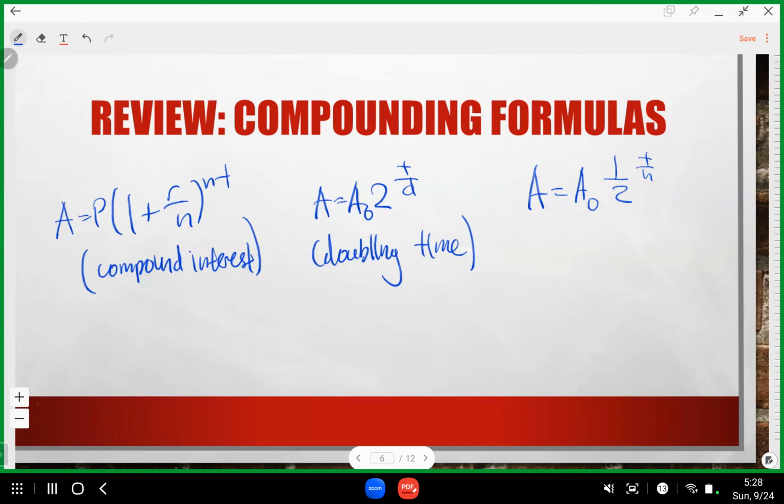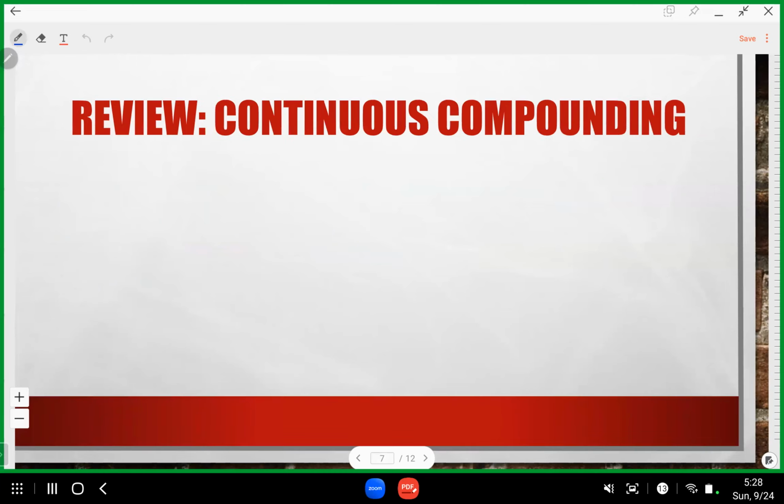So that's how many half-lives you're going to experience over this period of time. That's the exponent of 1/2. So it makes a lot of sense. Also for doubling time, it's essentially the same thing. You just change half to double, and 1/2 to 2.